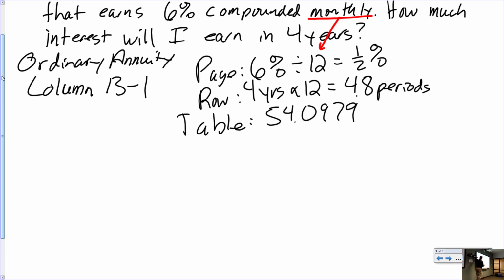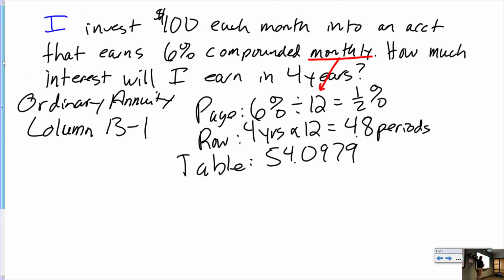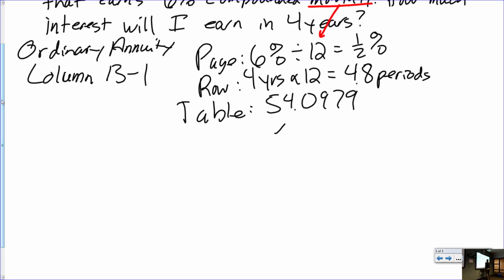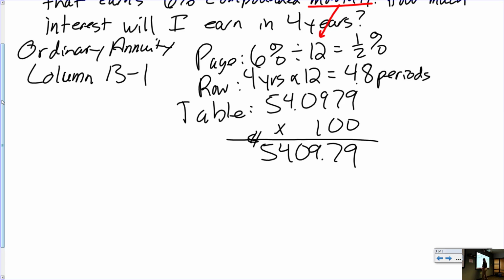Multiply by 100, because that's what I'm putting away every month, right? $100 a month. $5,409.79. Remember, what does that number represent? Yeah, this is how much will be in the account, right, folks?